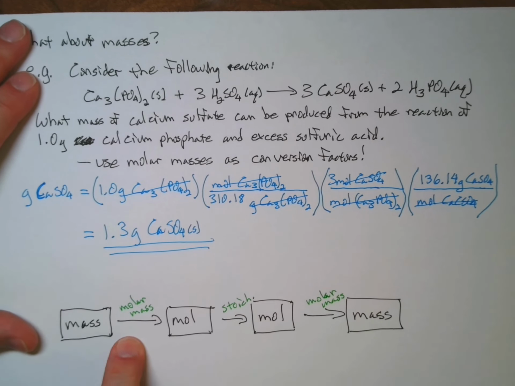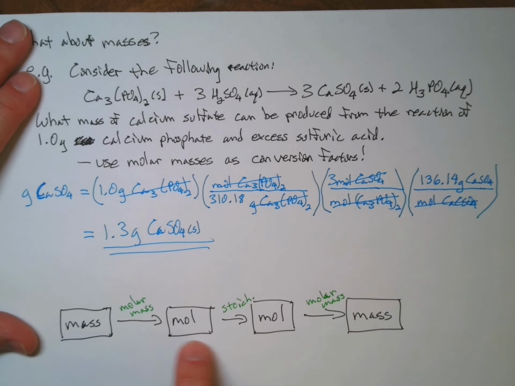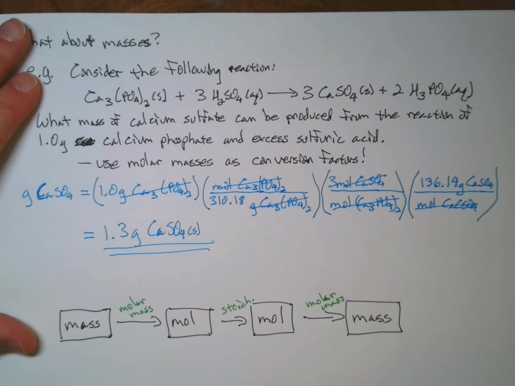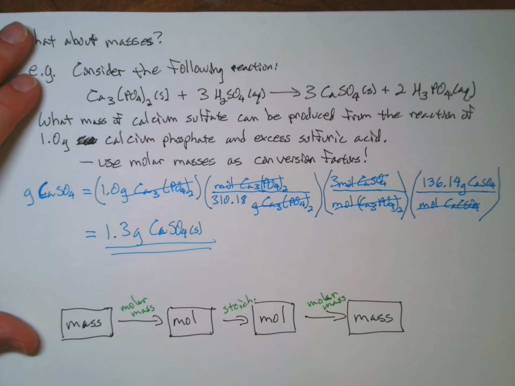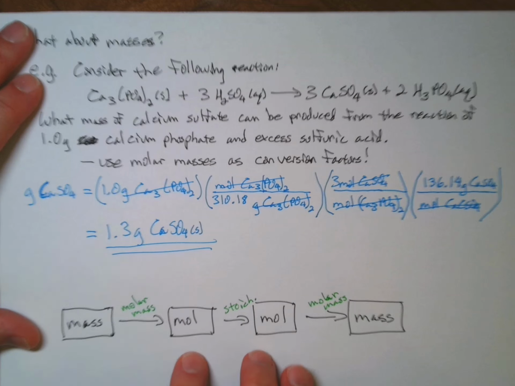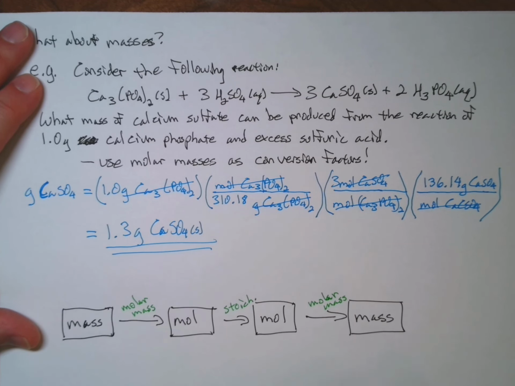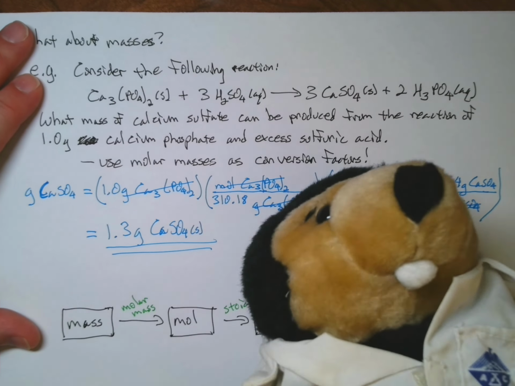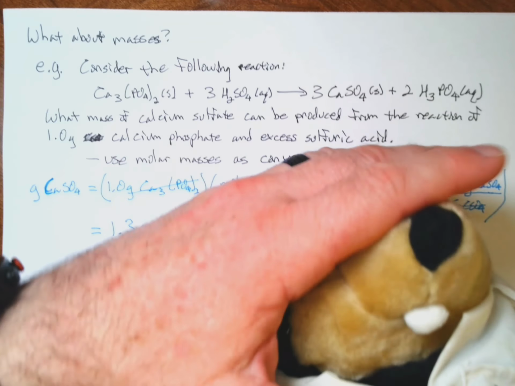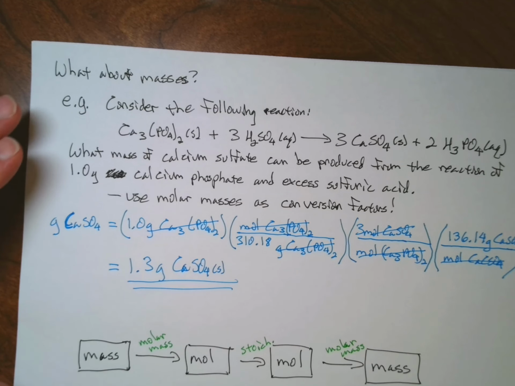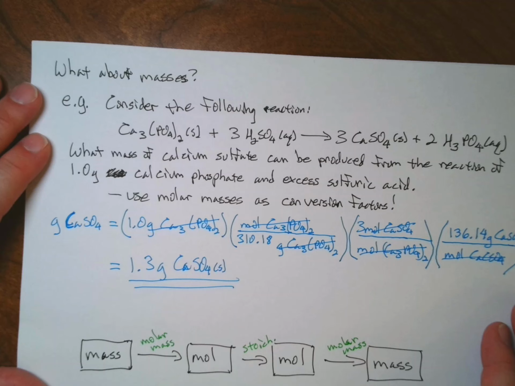So we use molar mass to go from mass of our reactant to moles of reactant, then use the stoichiometry to get moles of product from moles of reactant, and then use molar mass of the product to go from moles of product to mass of product. But remember, at the center of everything, stoichiometry is all about the moles. I'll say that over and over again.